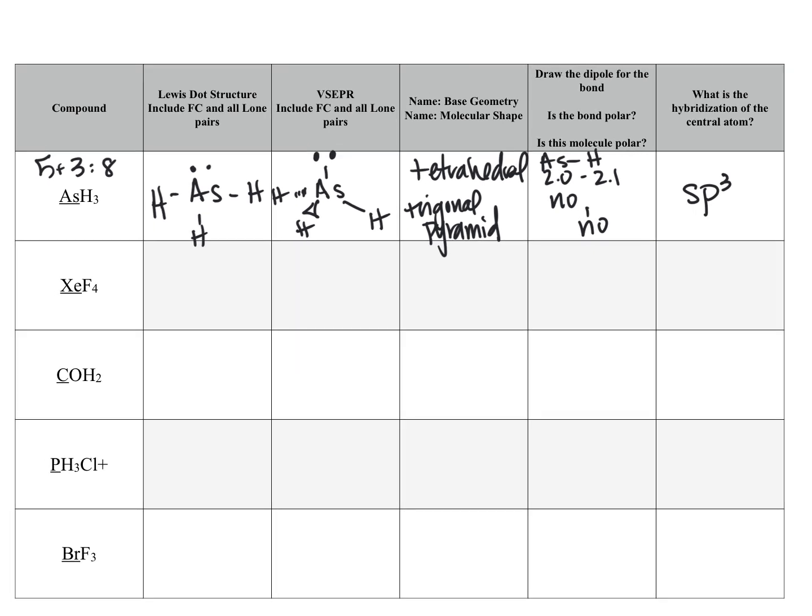So up next, we have XeF4. The valence electrons here are 8 plus 7 times 4, and that's going to give us 36. So I'm going to put my xenon here in the center. I'm going to connect my 4 Fs. Per the rules, I'm going to fill all of their octets.